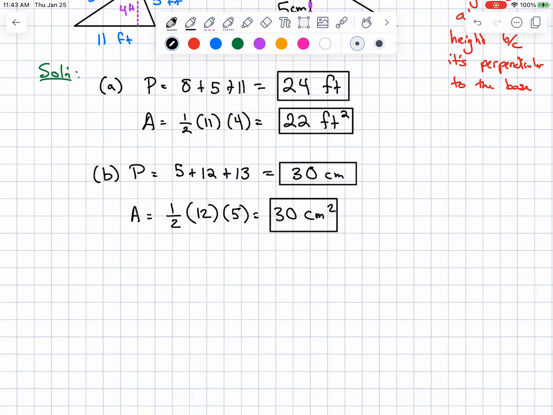Now, the next thing I want to do is a small review of proportions. Ideally, this was something you were supposed to read up on, but if you didn't, no big deal.